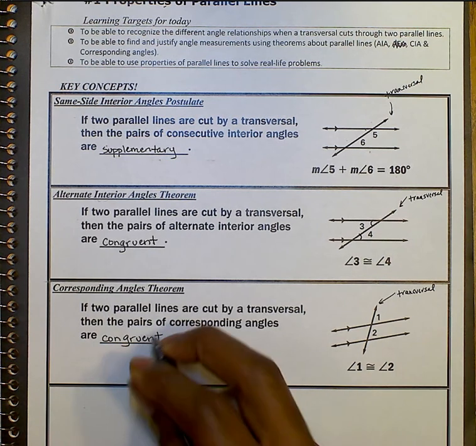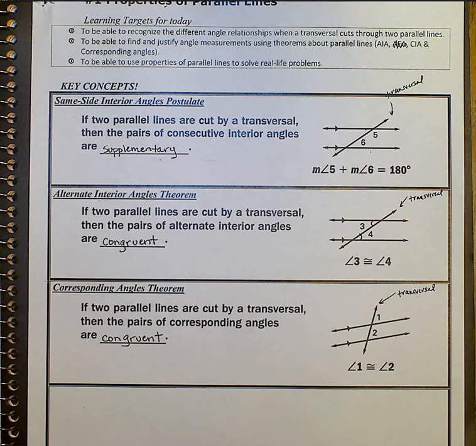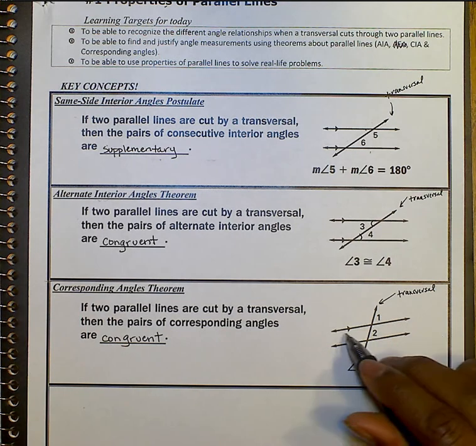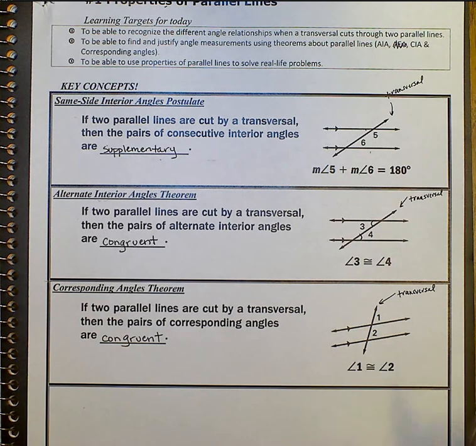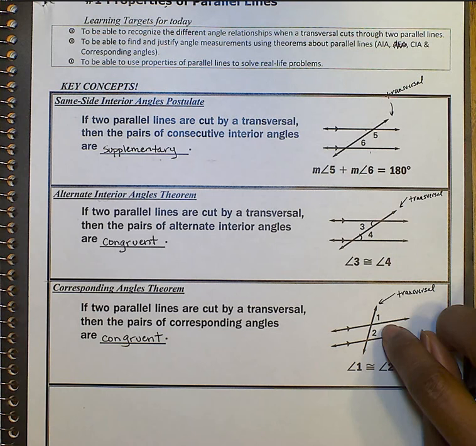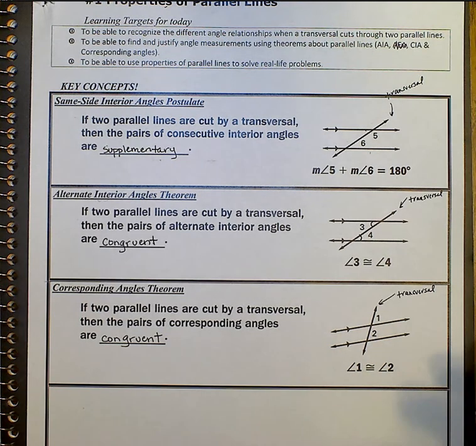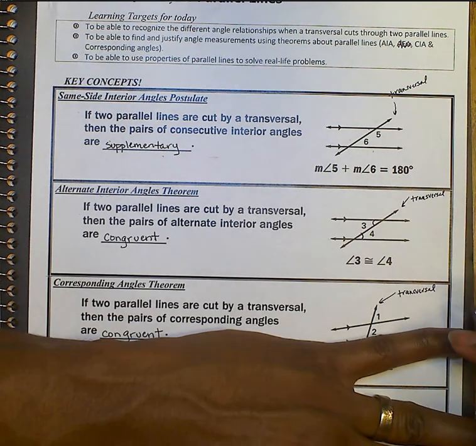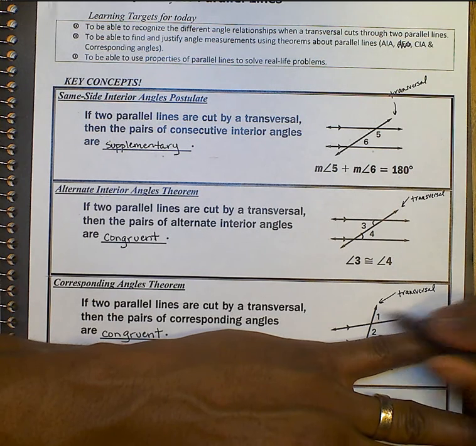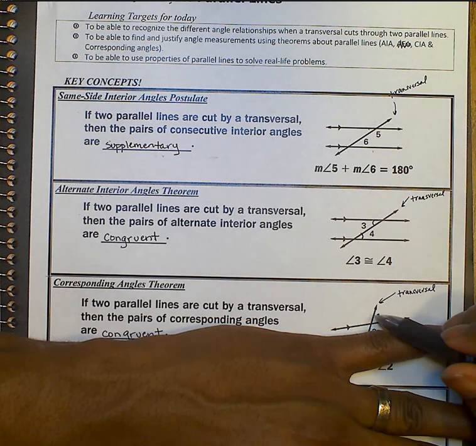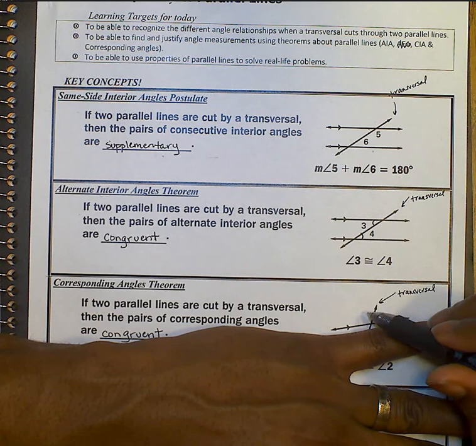Another way I rationalize what corresponding angles means, or how to identify what corresponding angles are, is I look at the transversal and each of the parallel lines. Okay? So in this case, angle 1 and angle 2 are marked for us. If you look at angle 1, it's made of the top line and the transversal. You see the 4 angles created here, 1, 2, 3, 4. It's the top right angle created by that line and the transversal.